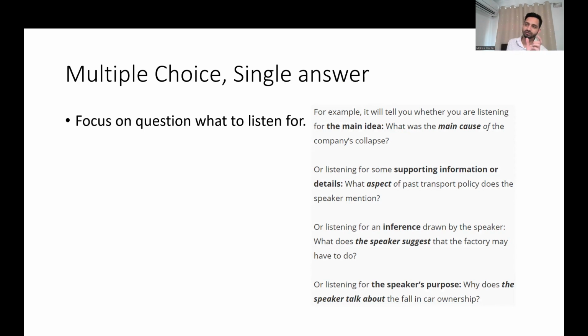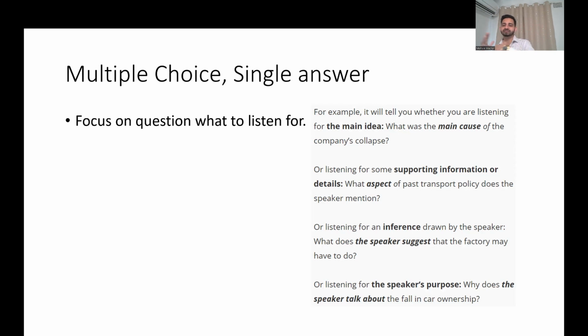So you might be looking for supporting information, exactly as we discussed in multiple choice, multiple answer. Let's look at this as an example prompt. What aspect of past transport policy does the speaker mention? So what aspect, this is the supporting information related to past transport policy. Or you could be listening for the inference drawn by the speaker.